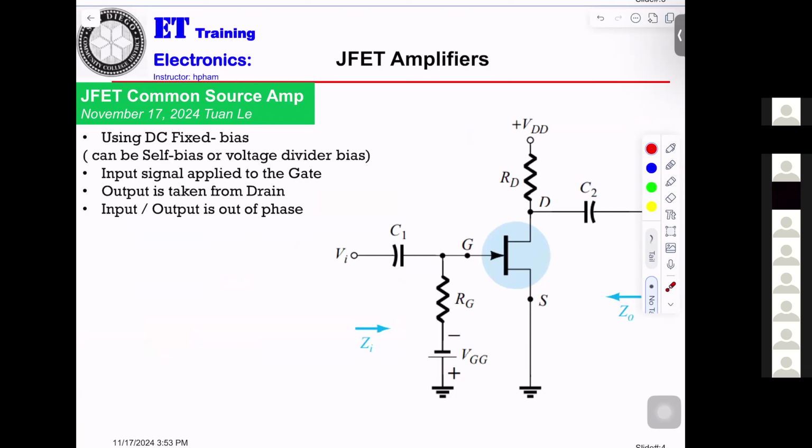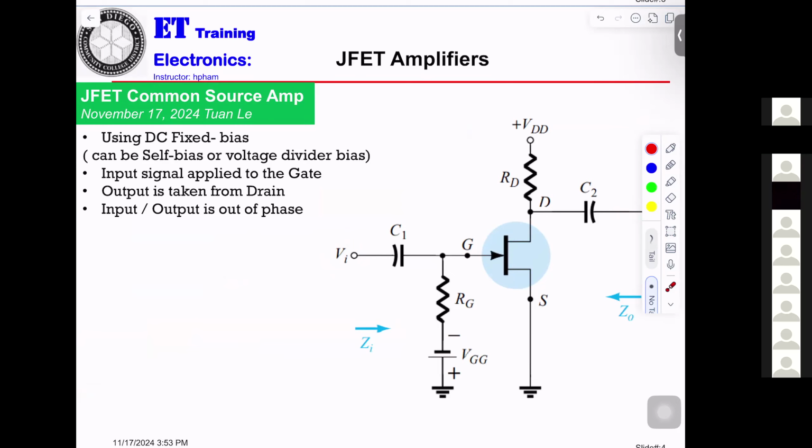Now, this is the amplifier. You can get the input here, and this is the output here. Before we want to do anything, you understand me? The JFET already has the DC bias.